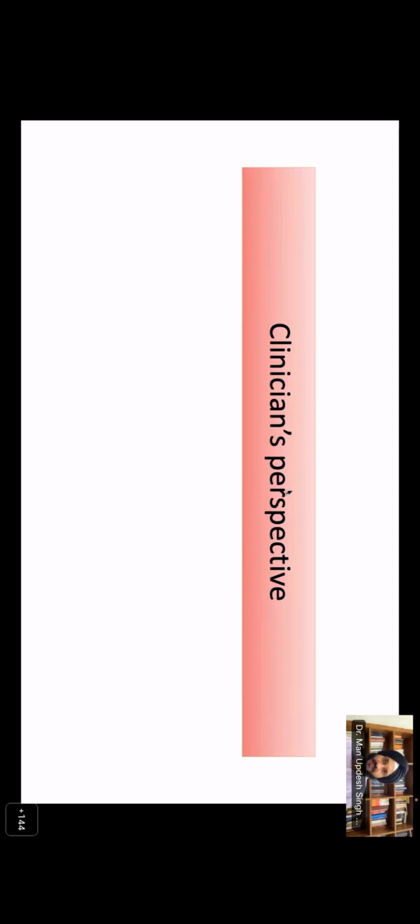And the next question is, what is the difference between emperipolesis and hemophagocytosis if it is present in a lymph node, and how to differentiate? Anywhere it is present, the two terms are totally different. Hemophagocytosis is eating up of the cell actually. And emperipolesis is the traversing of a cell through a tunnel.